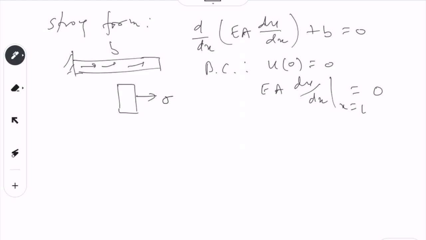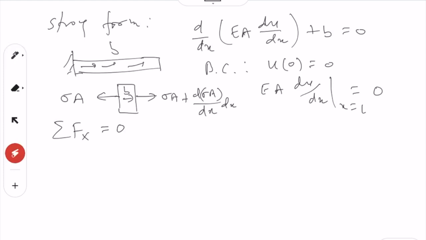So, we had sigma a here, and we had sigma a plus d sigma a over dx times dx. So, we had this kind of thing. Then we had b also here. And then we did the total force Fx equal to 0, right, and hence this 0 is coming from that, and this total force Fx gives you this equation.